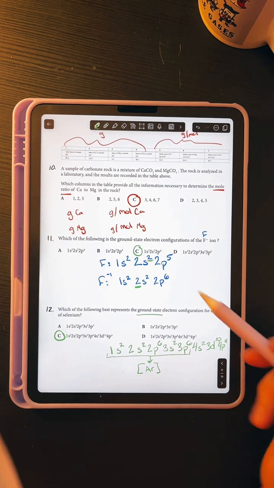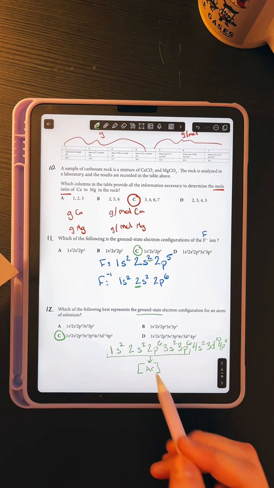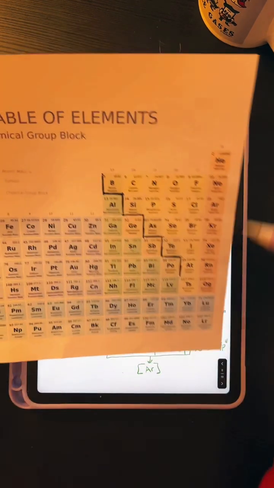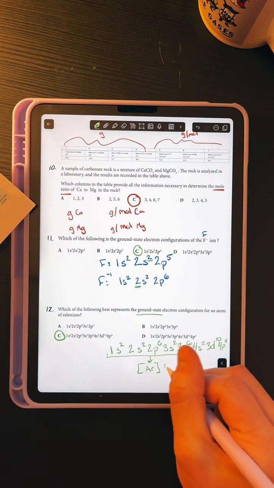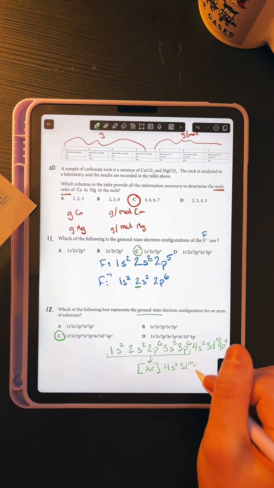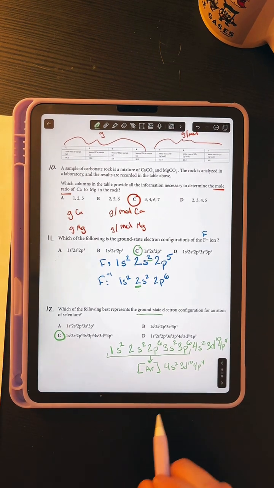So we no longer have to write 1s2, 2s2, 2p6 as long as we do the bracketed argon, and then we just continue from argon. So this would be argon 4s2, 3d10, 4p4. That is much simpler to write.